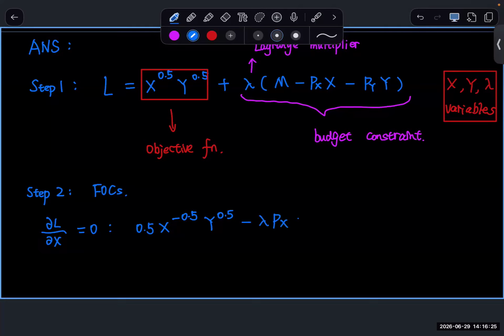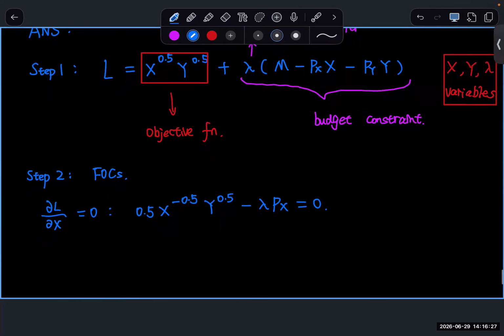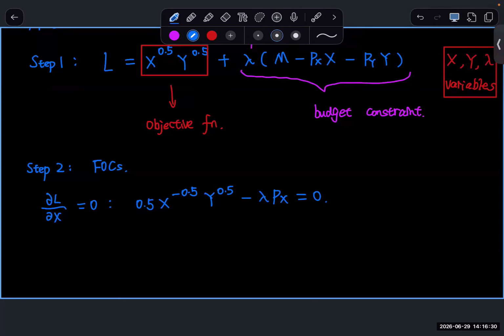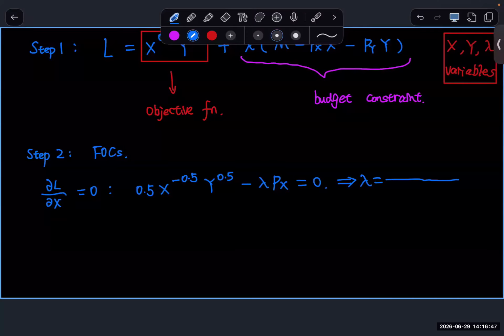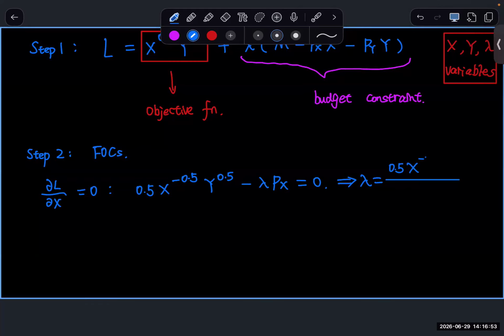We set it equal to 0. And then let's represent it as lambda. From here, we can get lambda equals 0.5 x to the power negative 0.5 y to the 0.5 over px, right? Here's our first equation that we're going to use to solve.